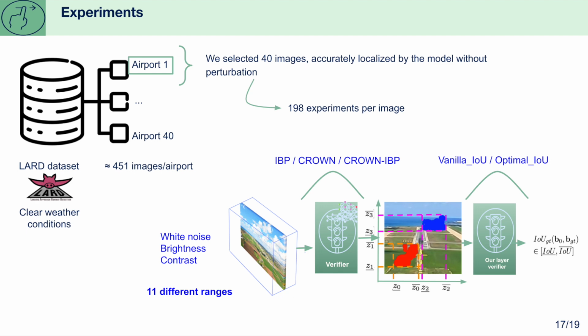We use 11 different ranges of perturbations, 3 methods to obtain the set of reachable bounding boxes, and then our IoU computation methods. I will not present all the results here, but I will focus just on one image perturbed with the white noise perturbation, with CROWN methods, and of course our 2 methods.